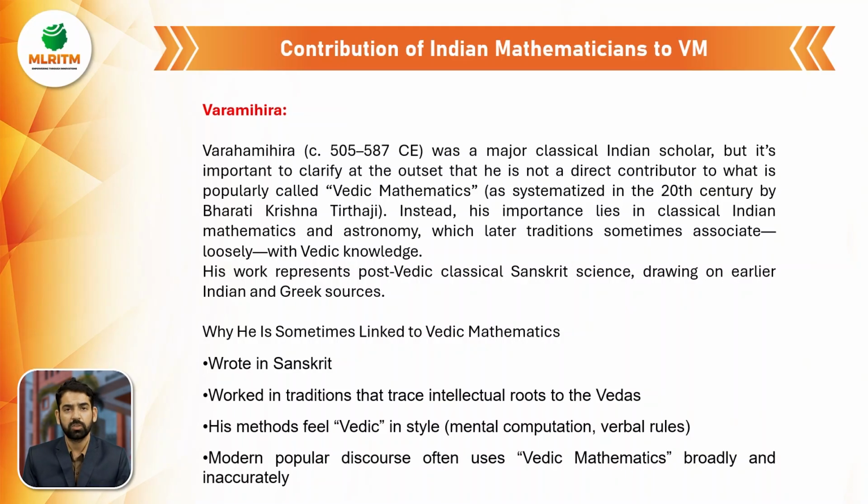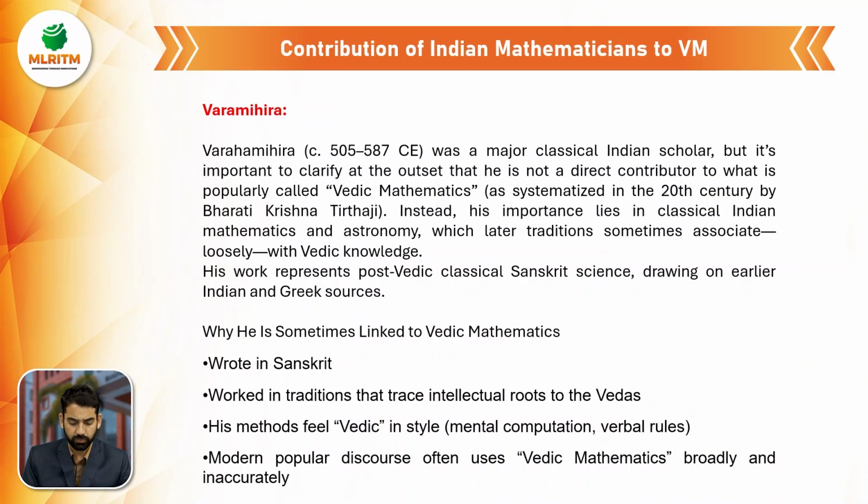Bharati Krishna Tirtha ji, when taking the scripts from different Vedas, particularly the Atharva Veda, made use of techniques which were already given by mathematicians like Varamihira. So Varamihira is not a direct contributor to Vedic mathematics, but Bharati Krishna Tirtha ji has taken his contributions from his works and majorly dedicated it to the development of Vedic mathematics.